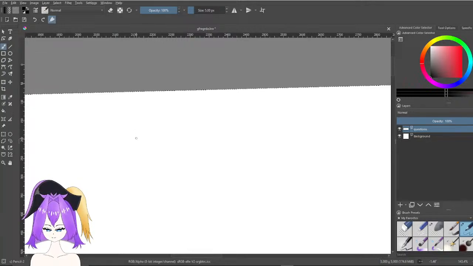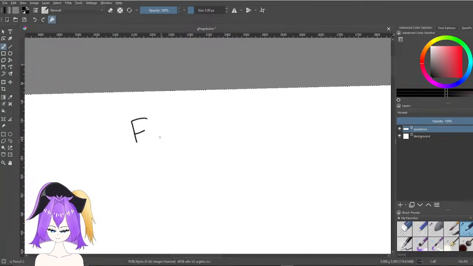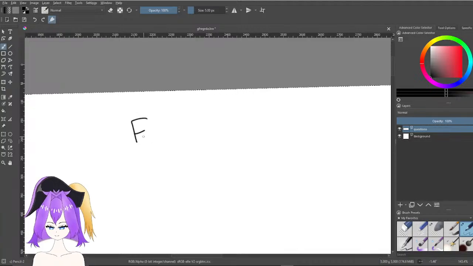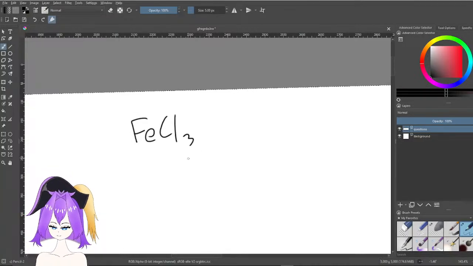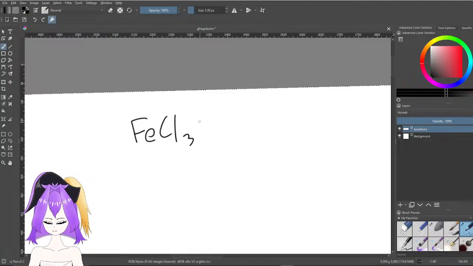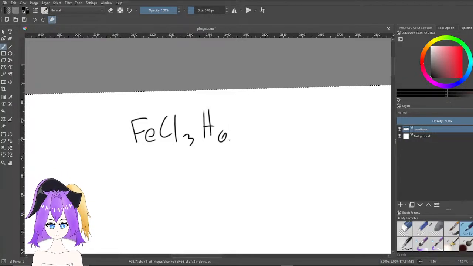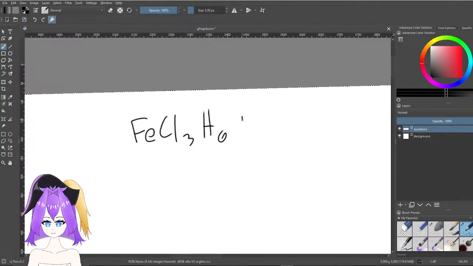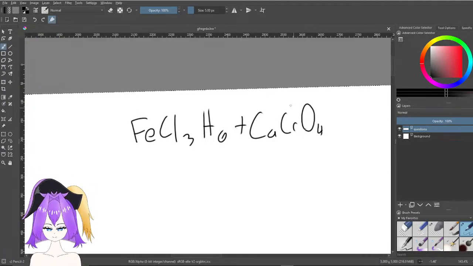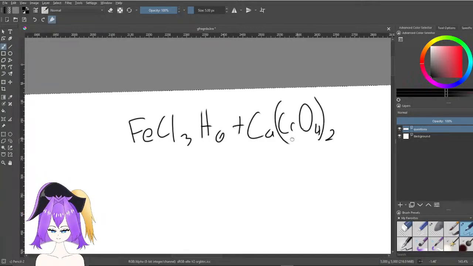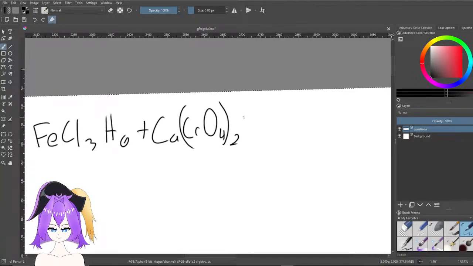Iron 3 chloride. Oh, it doesn't give me the equation. That's probably fine though. Iron 3 chloride hexahydrate, I think, plus calcium chromate to produce iron 3 chromate precipitate.